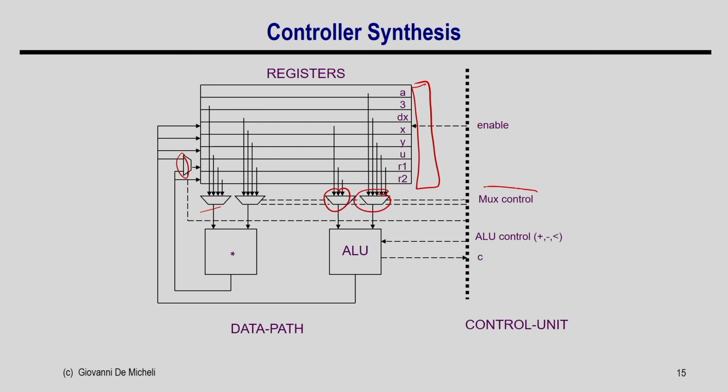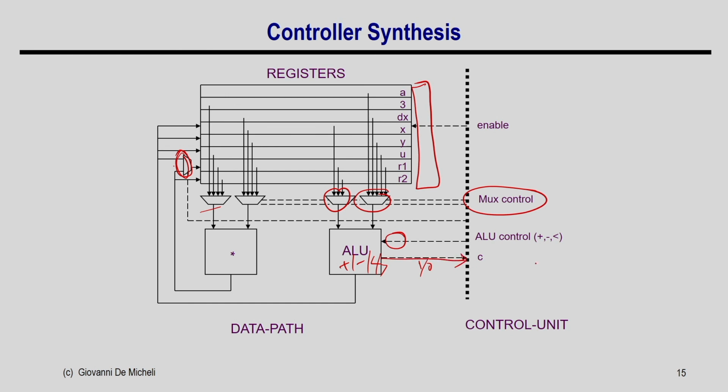So, you need this control signal for these muxes. You need a mux control signal, and you need some control signal for the ALU, because this ALU can do plus, minus, greater than, all operations. So, you have to tell this ALU which operation to be executed, and you also need control signals for these muxes, right. So, these are the control signals you need. And then if this ALU is doing, say, greater than or less than, that greater than or less than value, 1 or 0, has to be transferred to this controller, right.